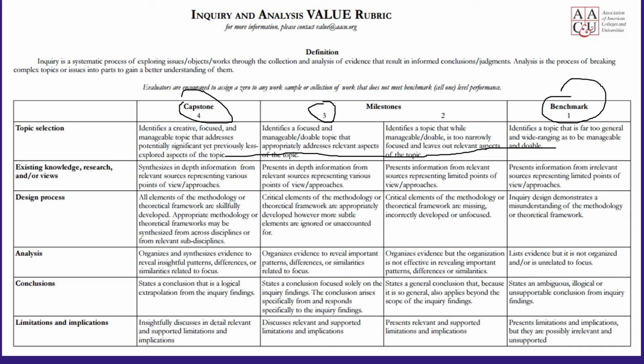Some students might achieve that, but maybe it's moving them from a 1 to a 2 or a 3. And again, we don't have to do all of these. Maybe within my topic, we're doing the topic selection. Maybe we'll look at these 4.